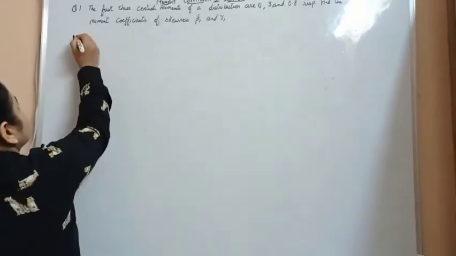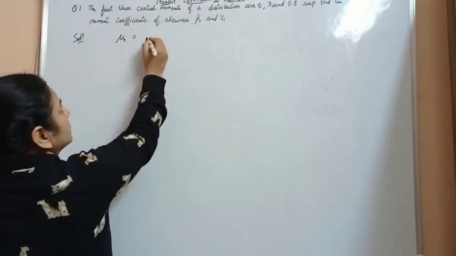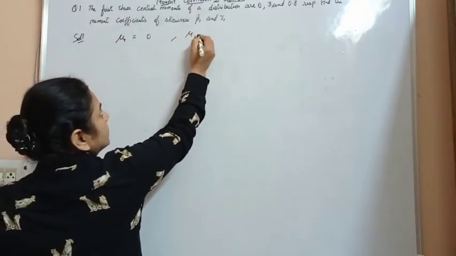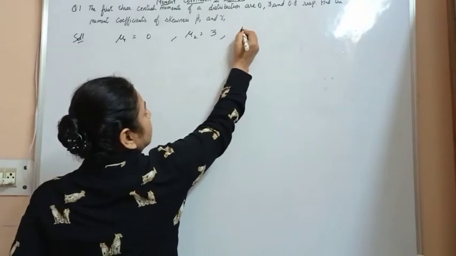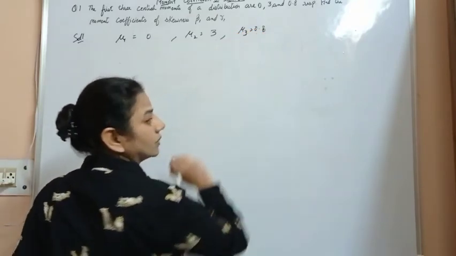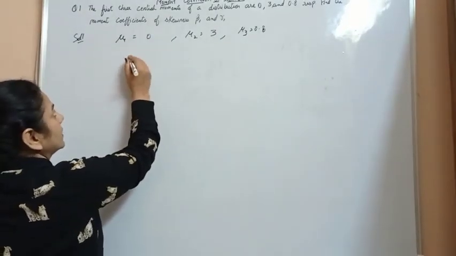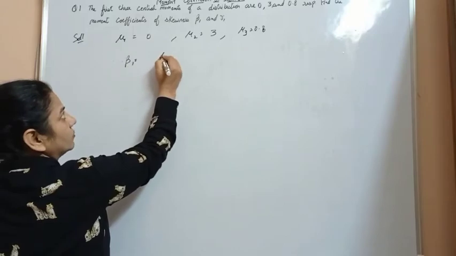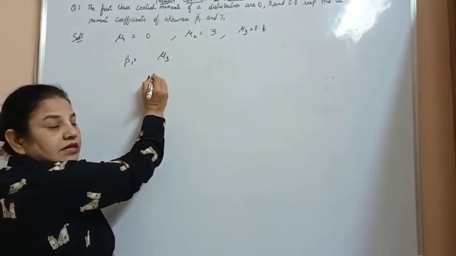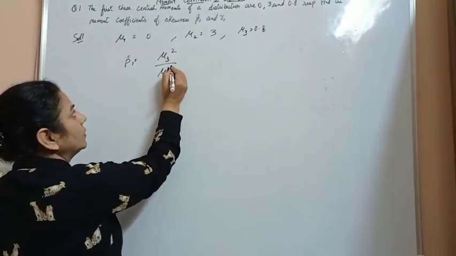We know that the first central moment is given to us as 0, the second central moment is 3 and the third central moment is 0.8. To calculate the moment coefficient of skewness, beta 1, the formula is the third central moment square divided by the second central moment cube.